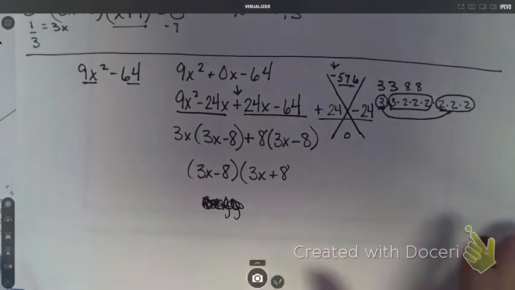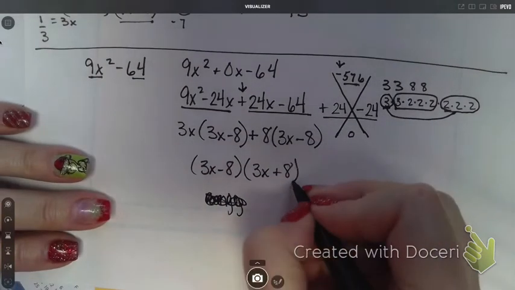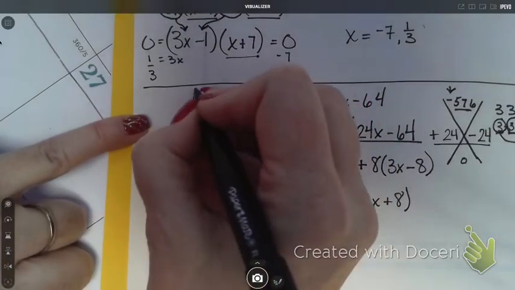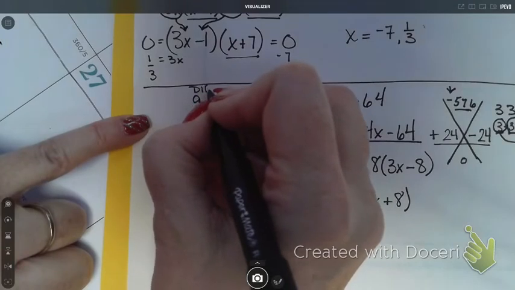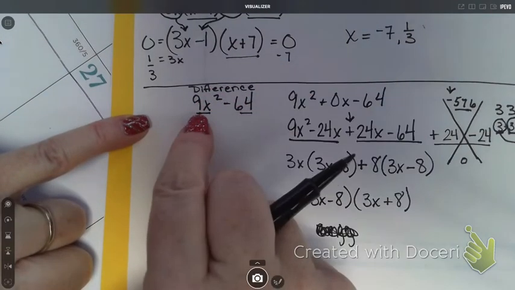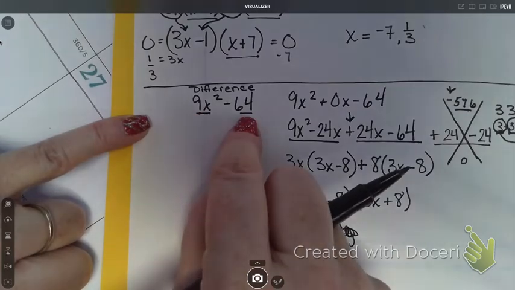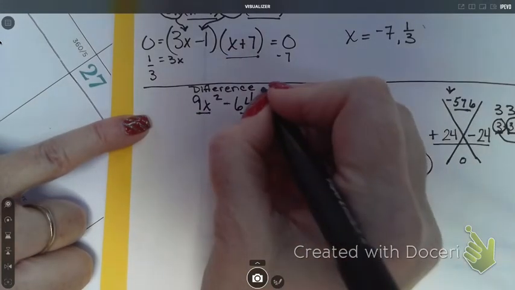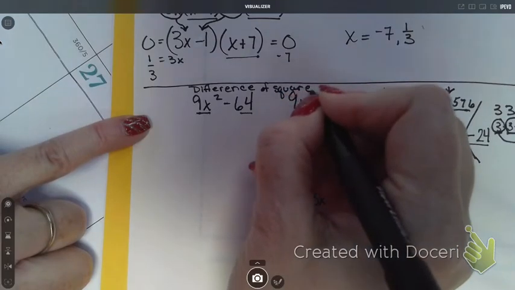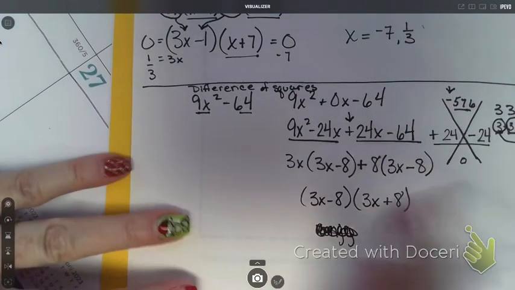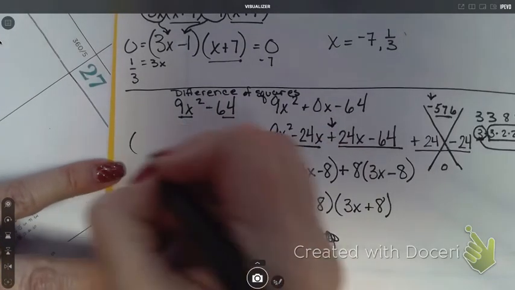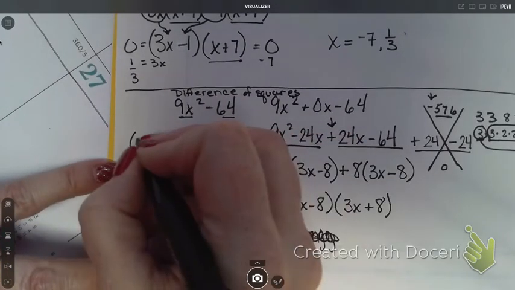Okay. Up here, if you should have noticed, this is the difference, yes? Subtraction. Are they both perfect squares? Difference of squares. So, what's the square root of 9x squared? 3x.